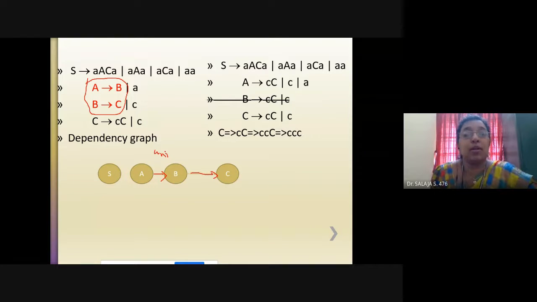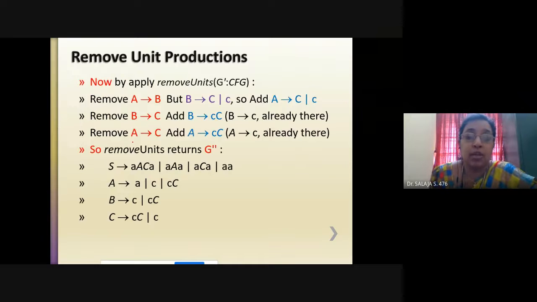The previous one is the dependency graph which shows the relationship of all the variables in the production. Now the next step is to remove this unit production.